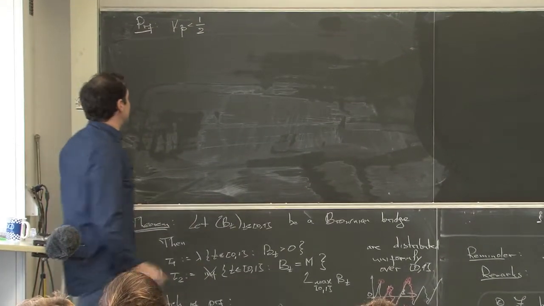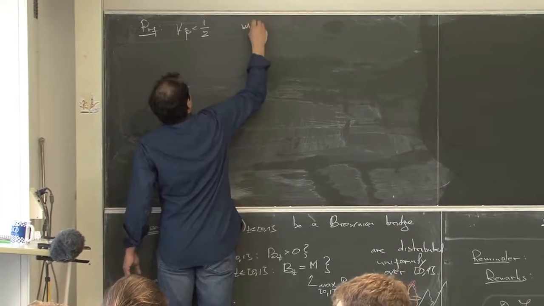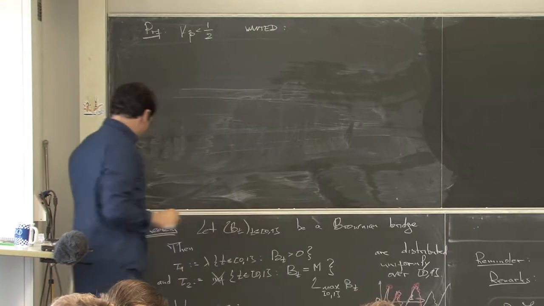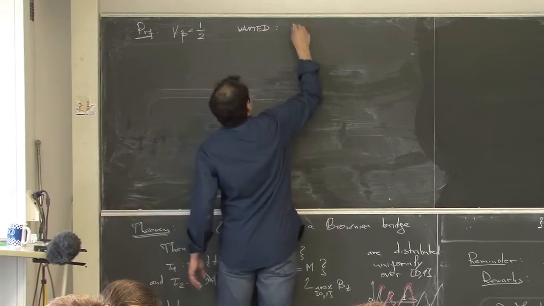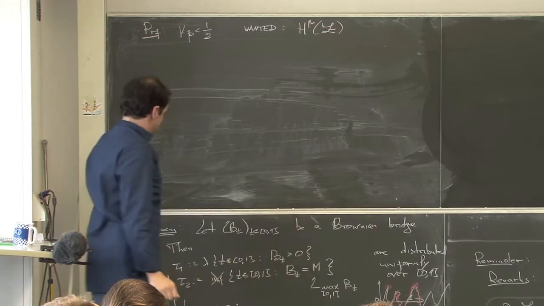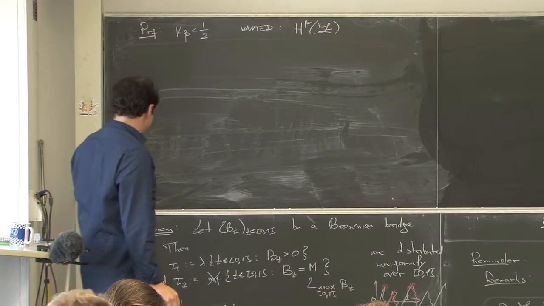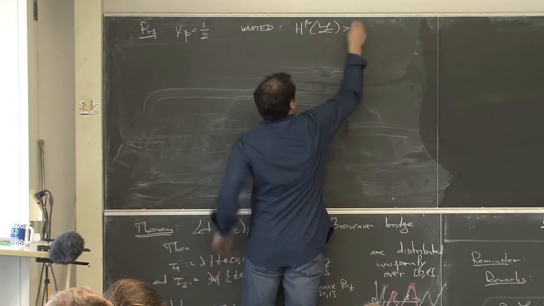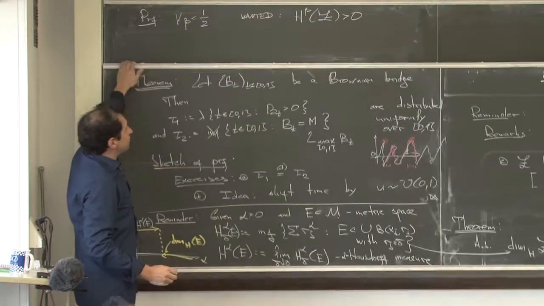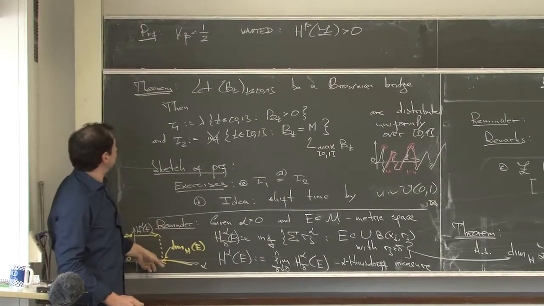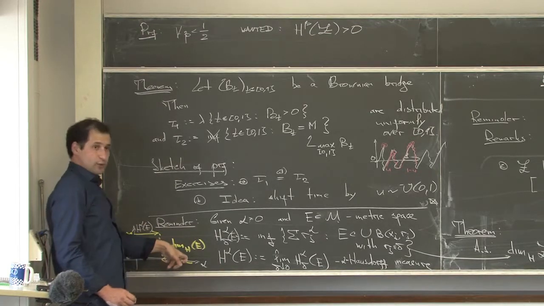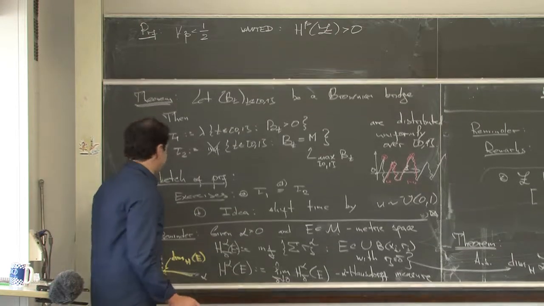What we need is to prove that H beta of Z is positive. If I'm able to do so for any beta less than 1/2, then I definitely know that this threshold happens after 1/2. Okay?